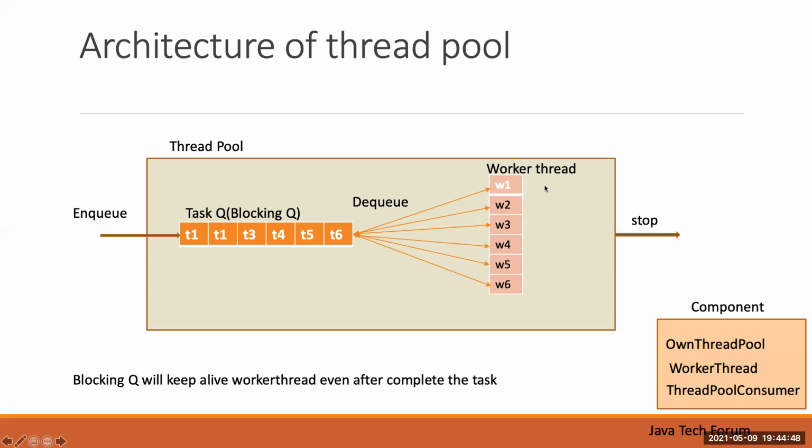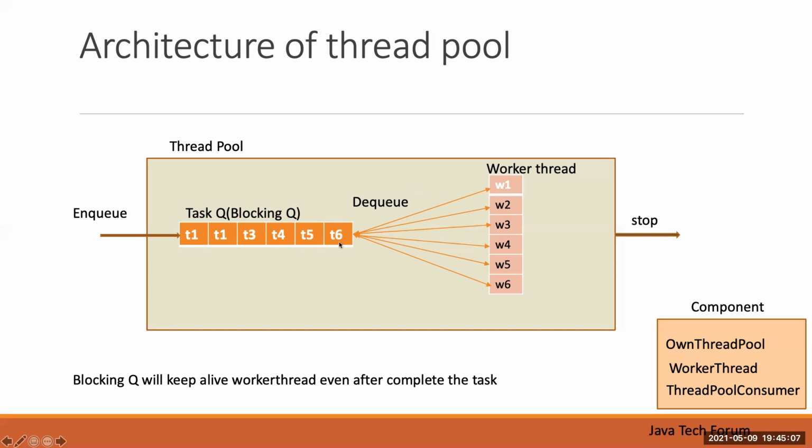So this thread will not be alive. To keep this thread alive, the blocking queue has the special capability to hold the thread alive. It will block the thread, which means once the task is completed, it will pick up the next task.